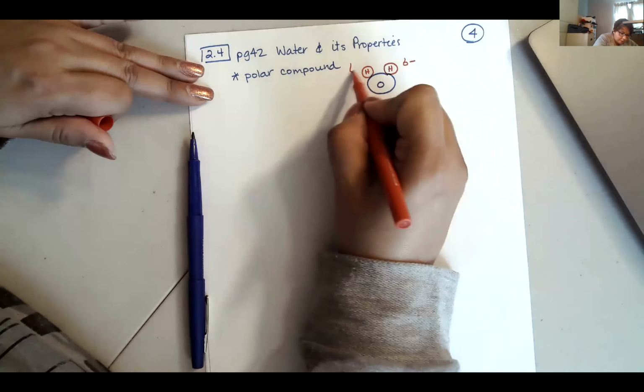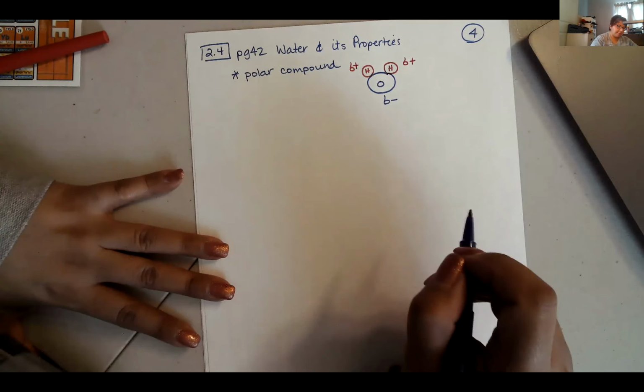Oh, slightly negative. Our hydrogens are slightly positive, sorry. There we go. So our hydrogens are slightly positive, our oxygen is slightly negative. And that's what we mean by a polar compound: we have two oppositely charged poles on this.